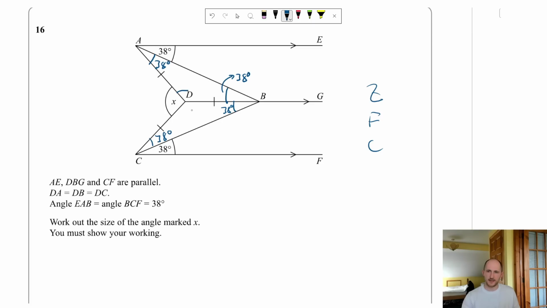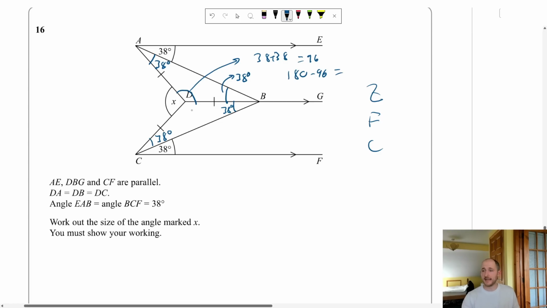I can work out this angle now by doing 38 plus 38, which is 76, and then minusing that from 180, which would be 104. Which means this side is also 104. Which means X is just 360 minus 84 minus 84. Which is, so 84 plus 84 is 168.